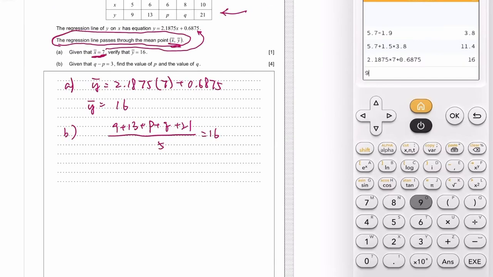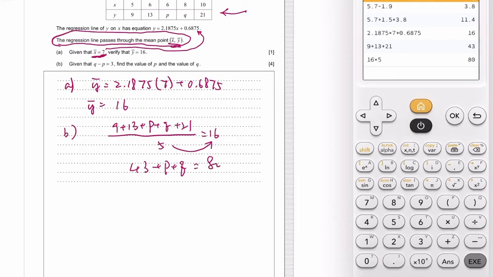If we simplify this, 9 plus 13 plus 21 is 43 on the top, and then multiply the 5 to the other side. And then what? 80 minus 43 is 37.